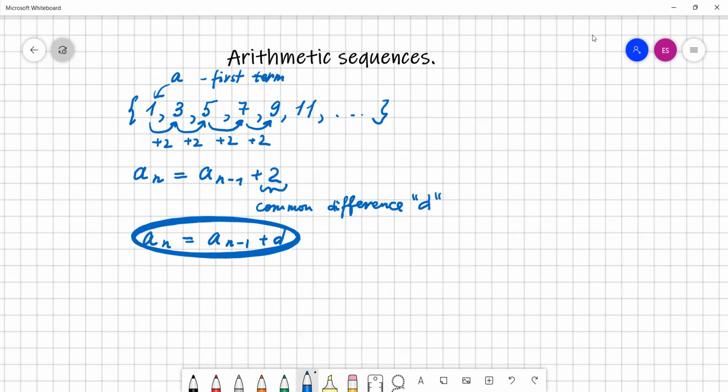Now, how is this formula going to work for the first terms? A2 equals A1, which is defined over here, plus D, right? A3 equals A2 plus D, or if we plug in A1 plus D instead of A2, it's A1 plus D plus D, or A1 plus 2D, right?